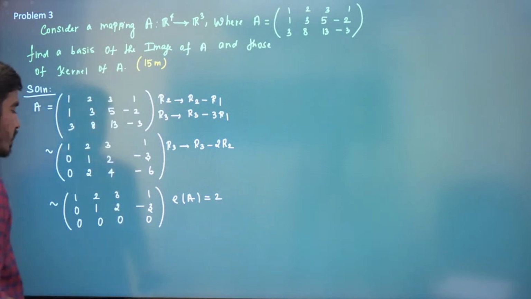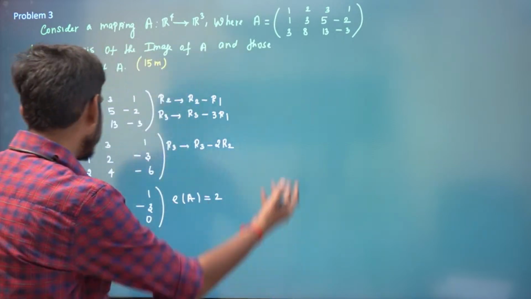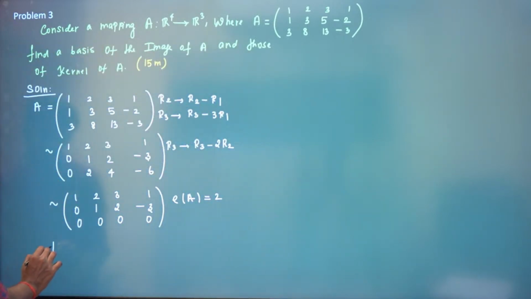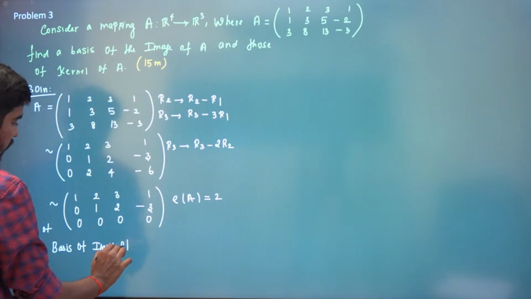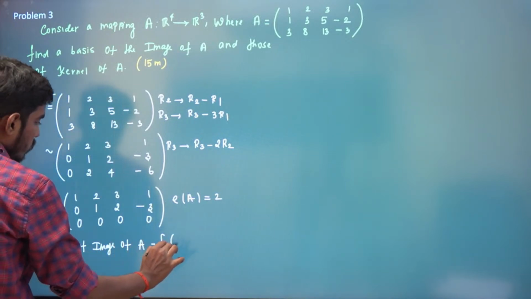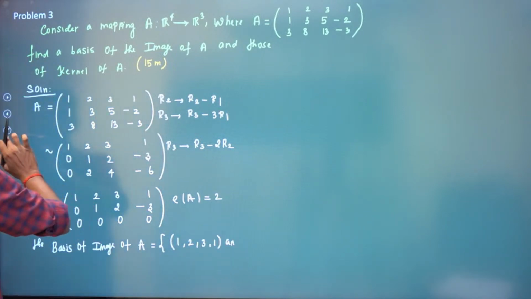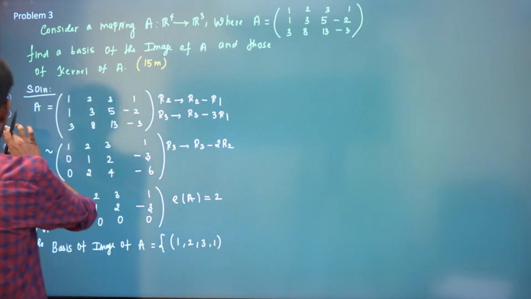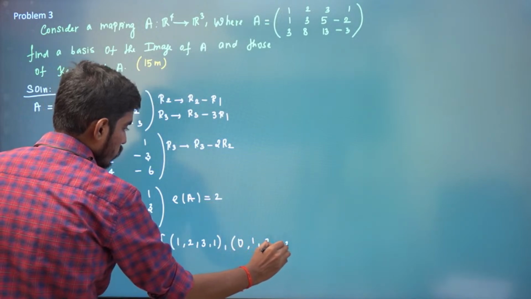So what is the basis? See, it need not be a unique set. One of the bases of the image of A is given by (1, 2, 3, 1) and (0, 1, 2, minus 3).